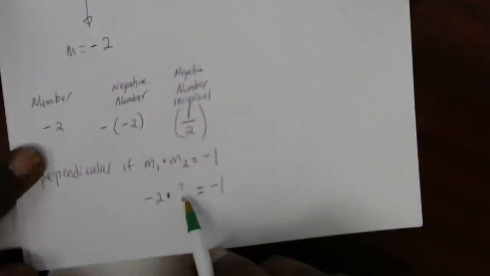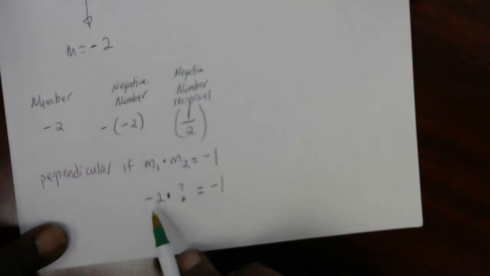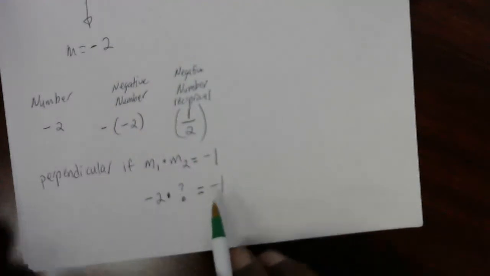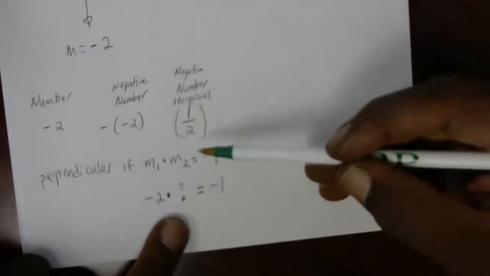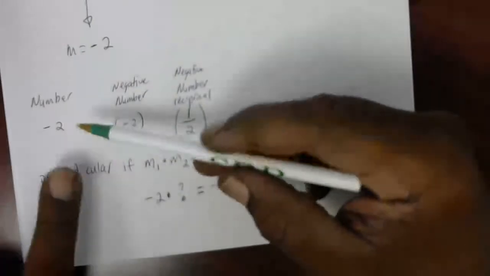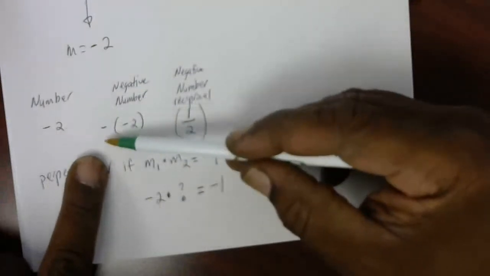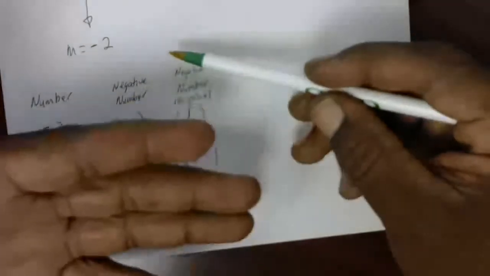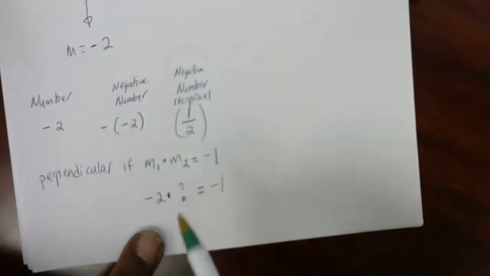So we have to figure out the magic number such that when we multiply it by -2, we get a negative 1, right? So what's the magic number? Well, the magic number is going to be that negative reciprocal. So if we were just to take our value, multiply by a negative, and then flip it over, that is our negative reciprocal, and that's also the magic number.